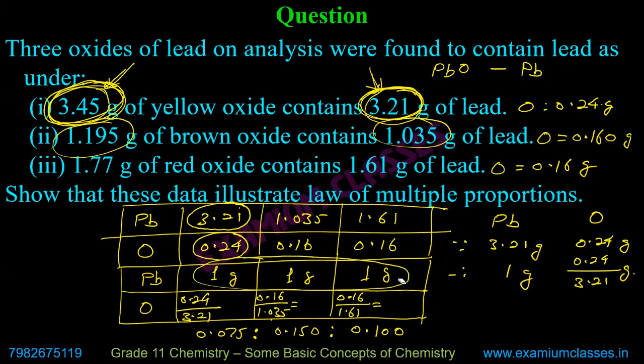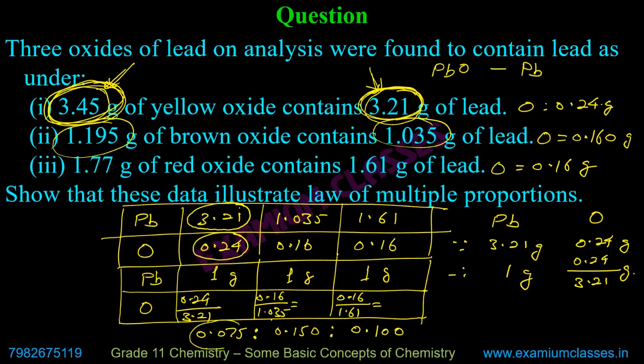So what we have done, I am repeating, I have fixed the mass of one element, 1 gram, in all three cases, and then I calculated corresponding to 1 gram how much oxygen is there, and I have got the ratio of oxygen. If I can prove that this is a simple ratio, then I will be able to prove this is the law of multiple proportion.